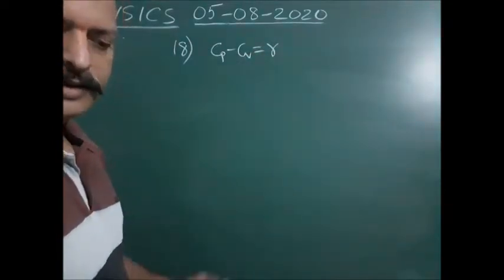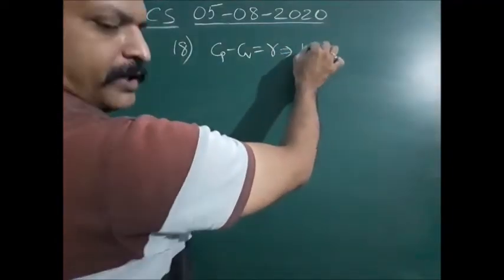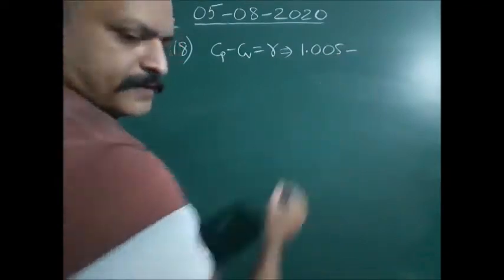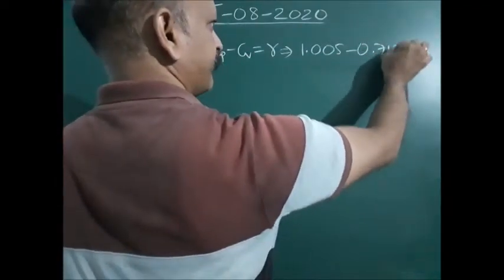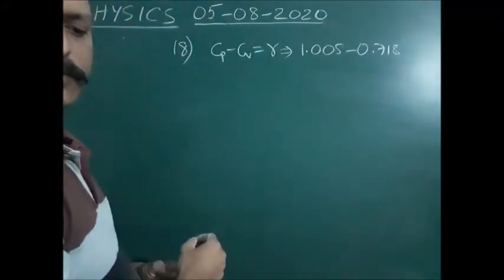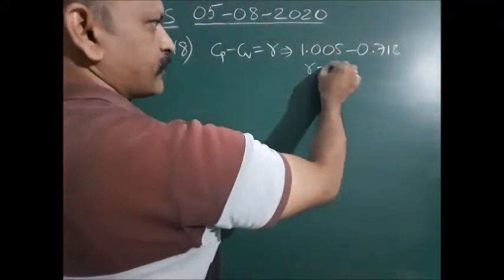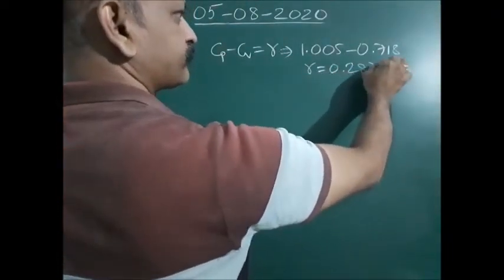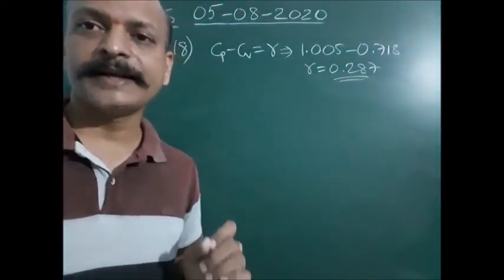In the question Cp and Cv are given: 1.005 minus 0.718 is the small r, which is 0.287. This is the specific gas constant or real gas constant.